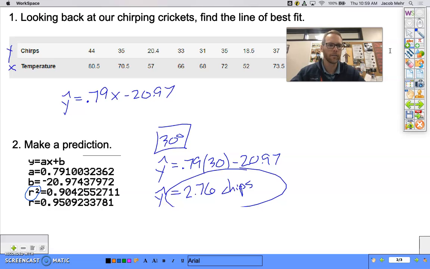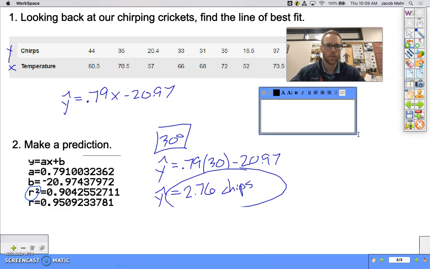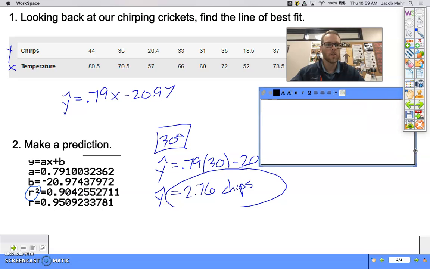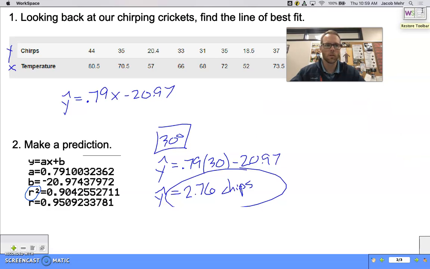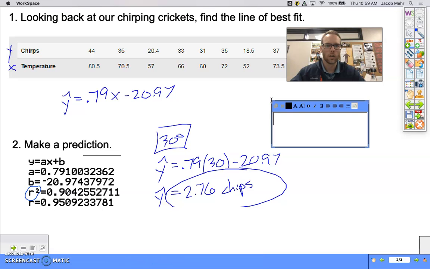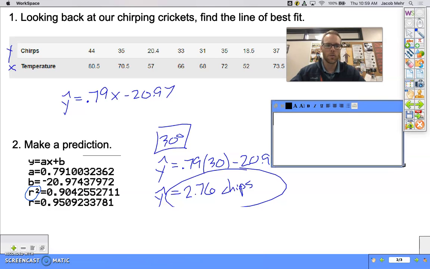I'll just do black. So, what were our y values on this one? Our y values is the temperature.